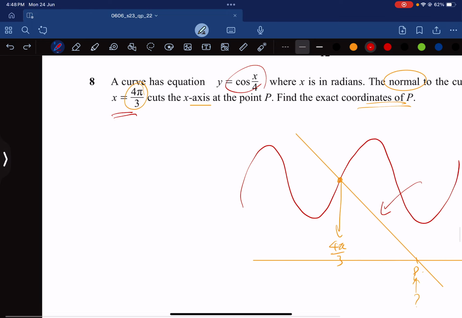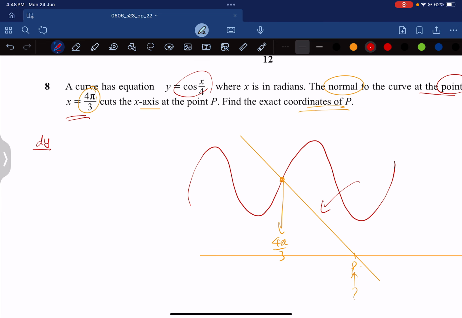Okay, so dy dx: differentiate cosine, we get negative sine. Inside, just copy it, but we need to further multiply with an extra derivative of x over 4, which is 1 over 4. A common pitfall here is that a lot of students will write 4 here, which is wrong.